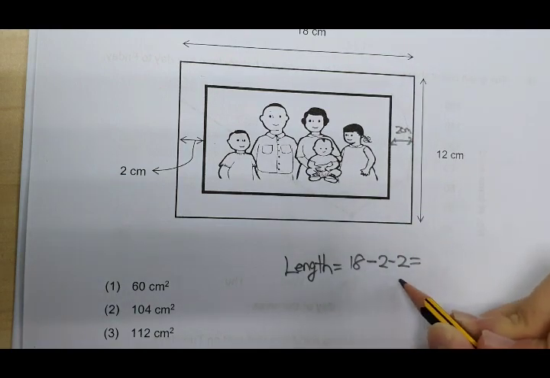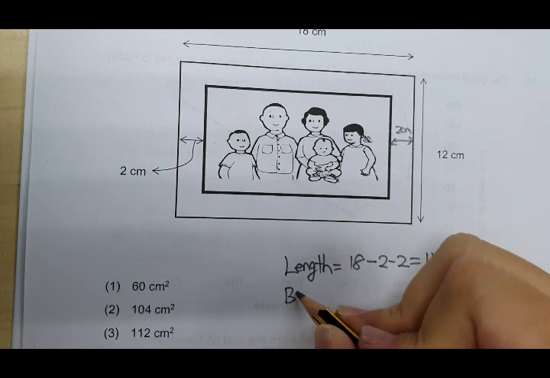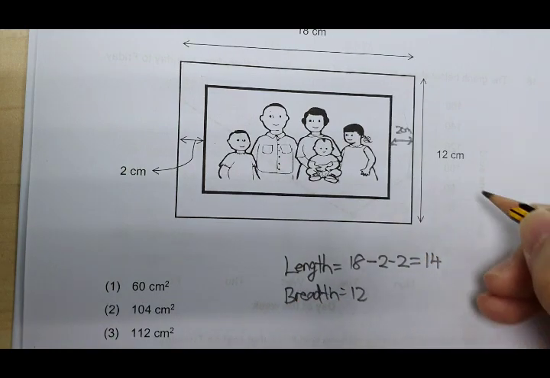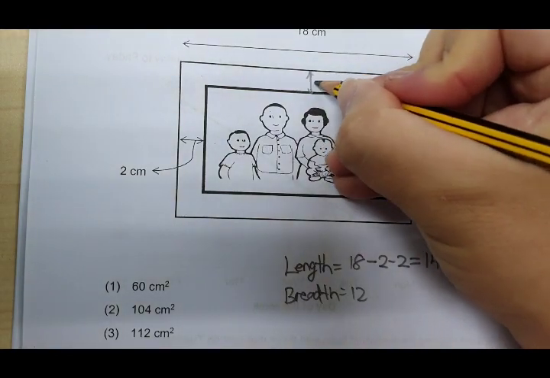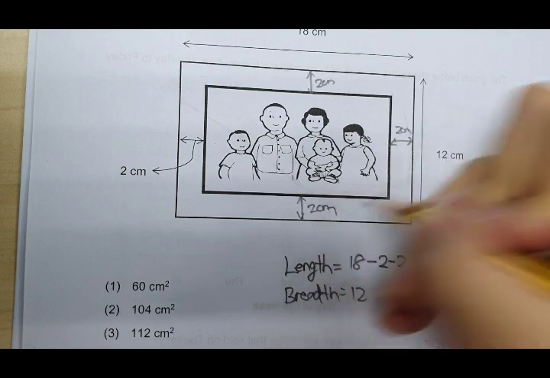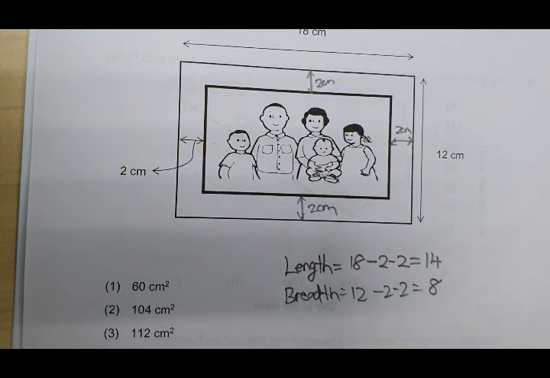So 18 take away 4 is 14. How about the breadth? The breadth is 12, take away 2 cm, take away the 2 cm here. So it's 8 cm.